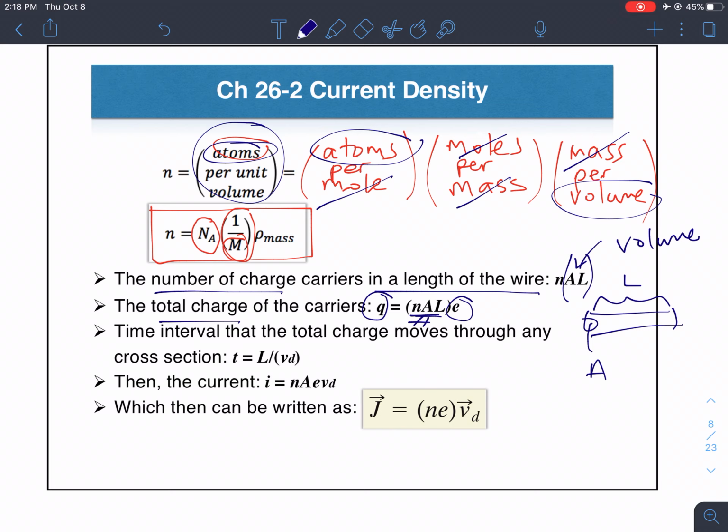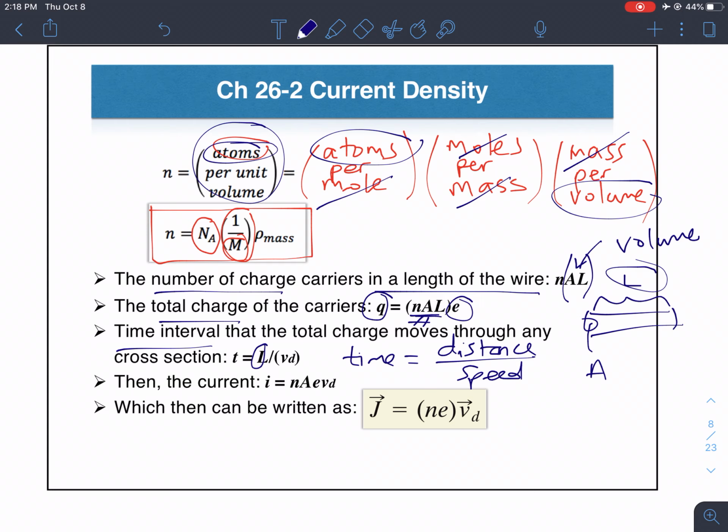So what do we do next? We're going to think about the time interval that the total charge moves through a cross section. Okay, so we know that time is what? Distance over speed, right? So time is distance over speed. Distance is that length of the wire, L, and the speed is the drift speed.